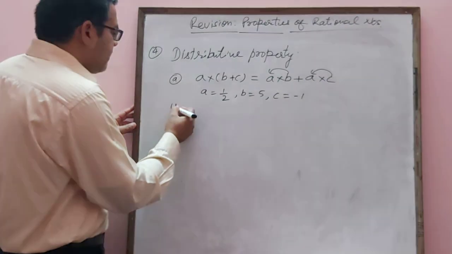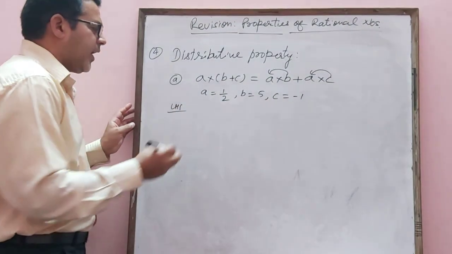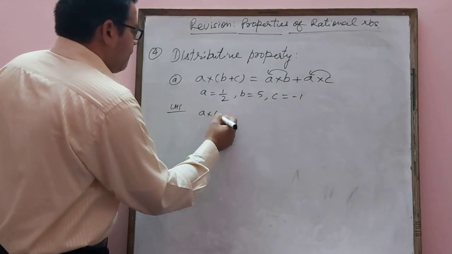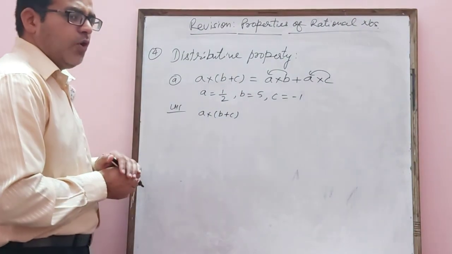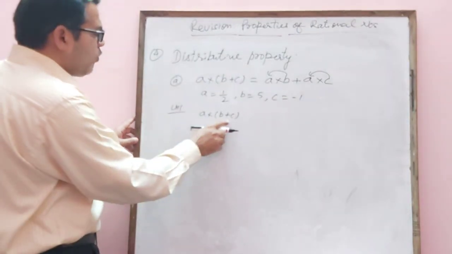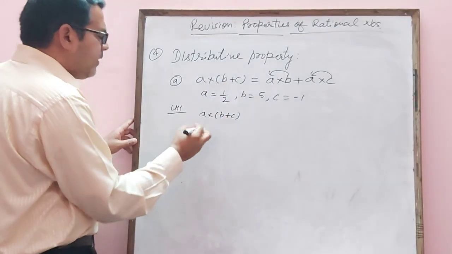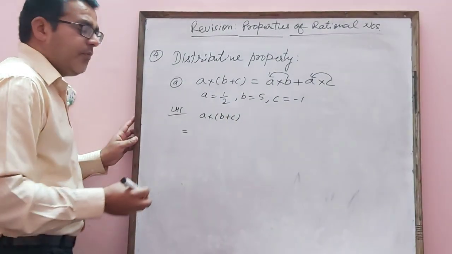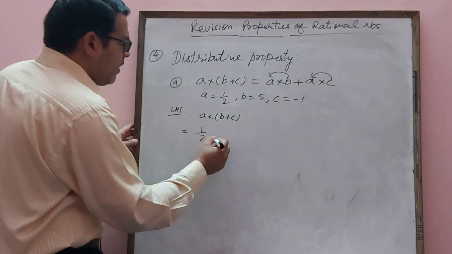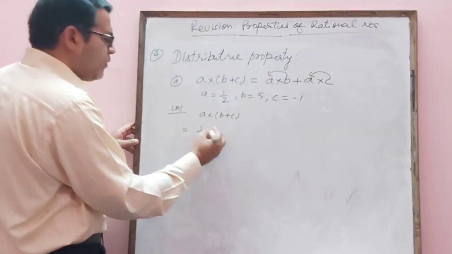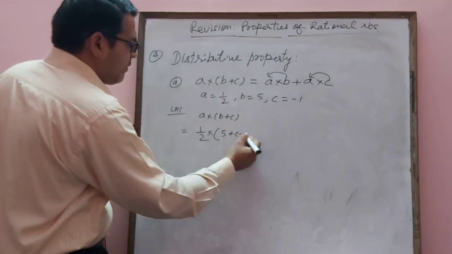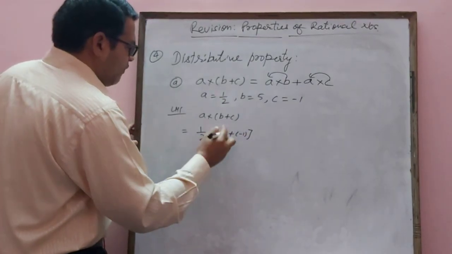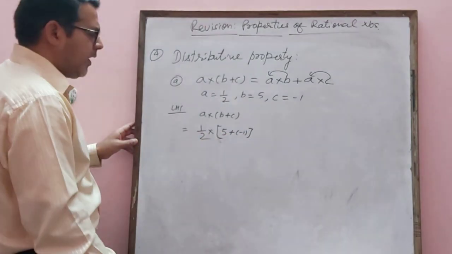So on the left hand side first we will check whether this is equal to the right hand side or not. So A into (B plus C), this is the left hand side. Now we need to put values here. So A we have taken 1 by 2, into B is 5 and C is minus 1. So we can apply a big bracket here.